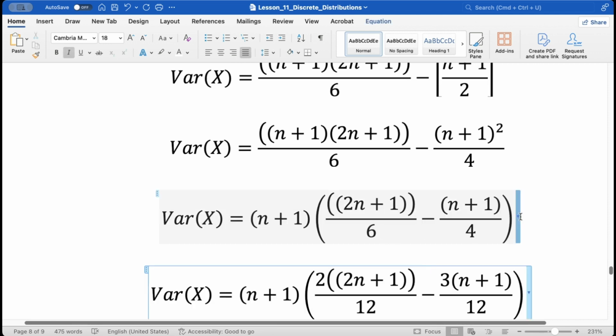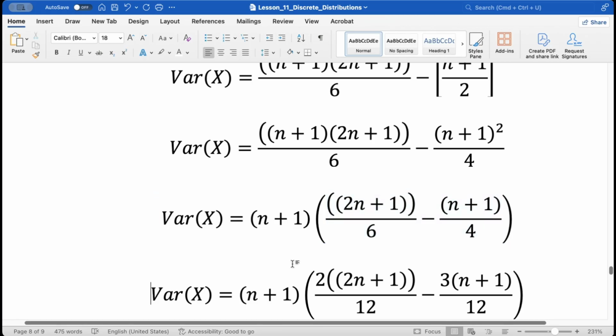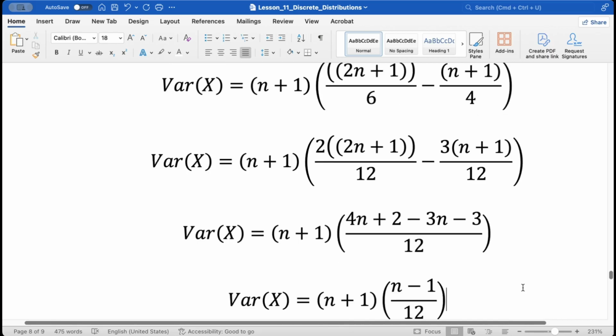Common denominator is 12. Multiply the first fraction by 2. Multiply the second one by 3 over 3. Common denominator of 12. Distribute through, we get 4n plus 2 minus 3n minus 3. Distributing the negative through, 4n minus 3n is n. 2 minus 3 is negative 1.